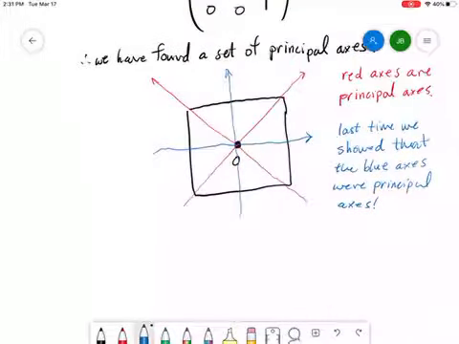And so therefore we can only conclude that there must not be necessarily a unique set of principal axes. You could have a shape and an origin that has multiple different sets of principal axes.